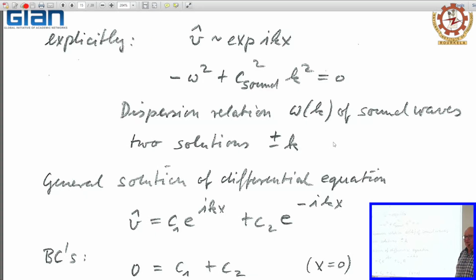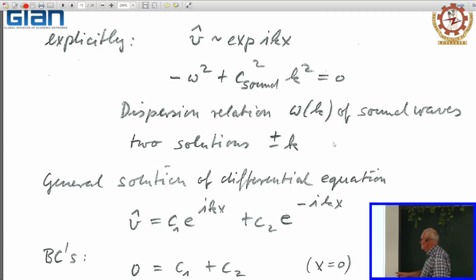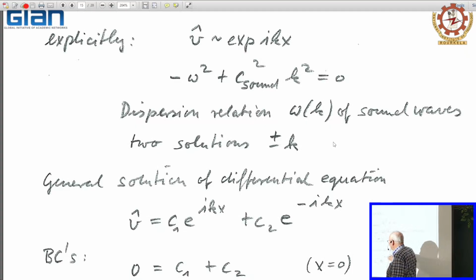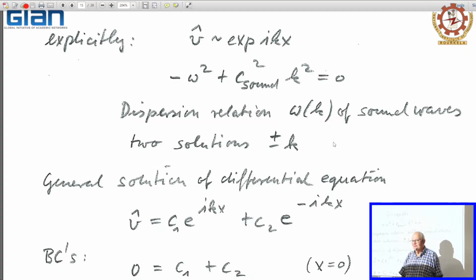Now we apply the boundary conditions. The boundary condition at x equal to 0: then the argument of the exponentials is 0, and the exponential is 1. So the boundary condition at the bottom boundary of our organ pipe means that C1 plus C2 should be 0.